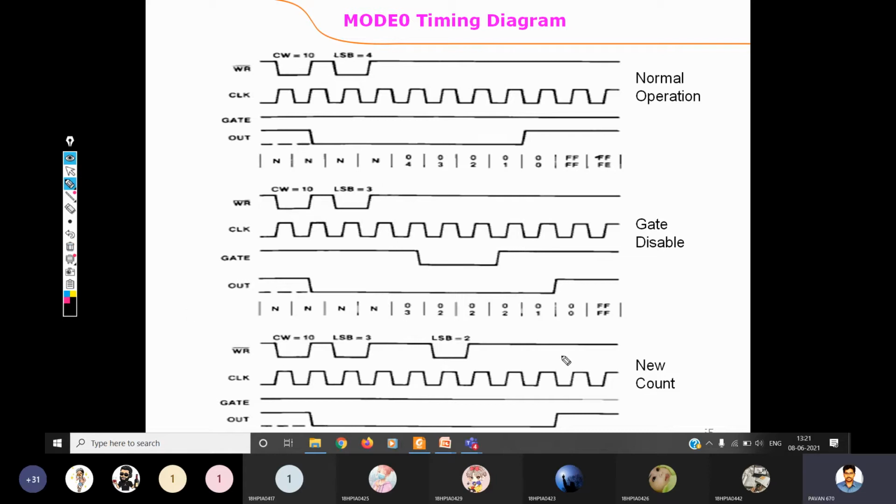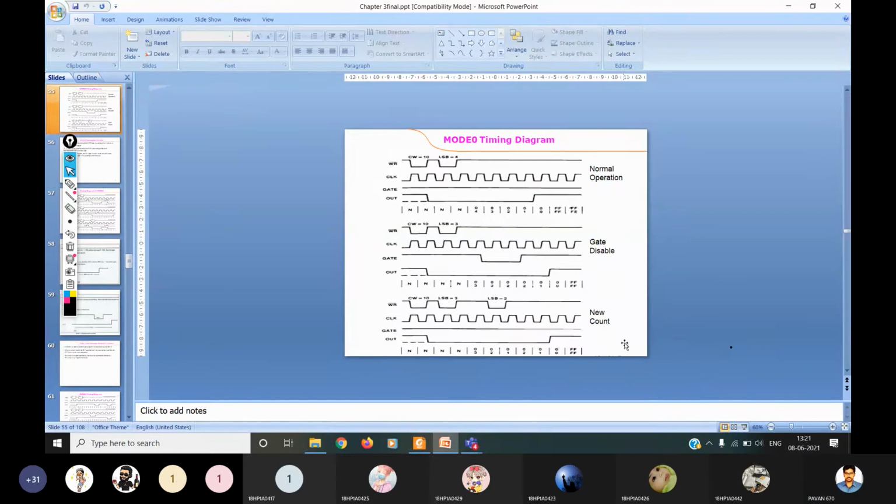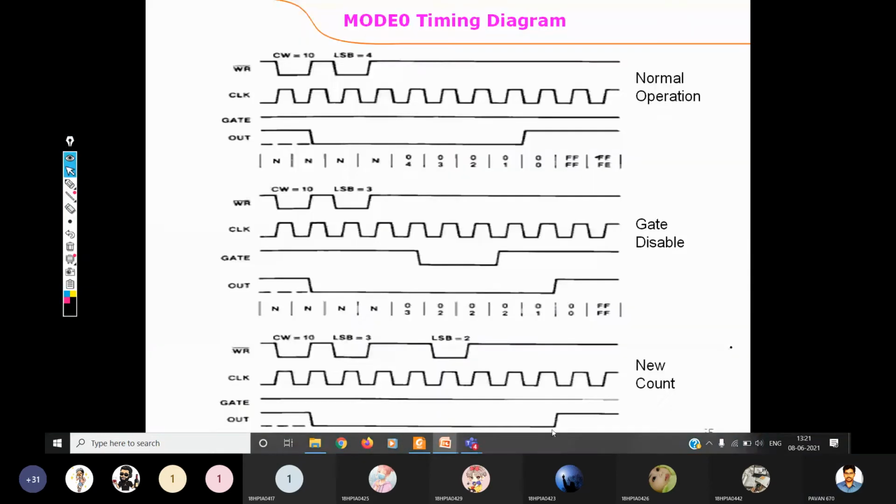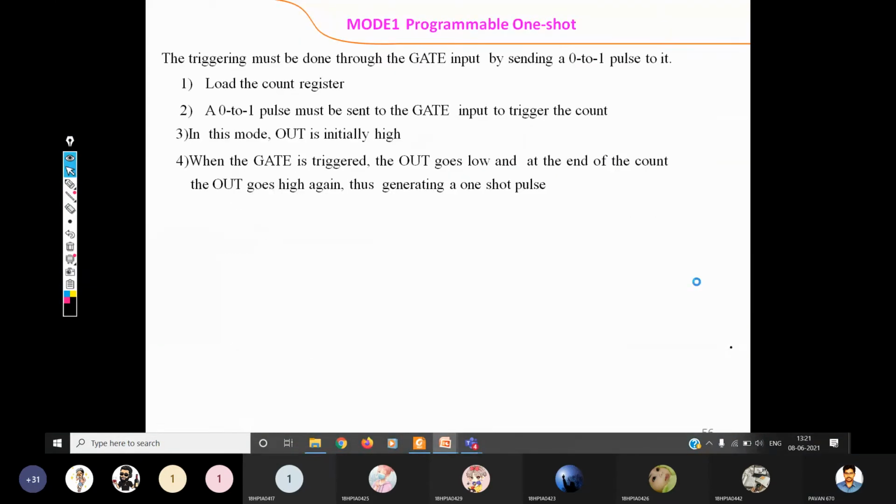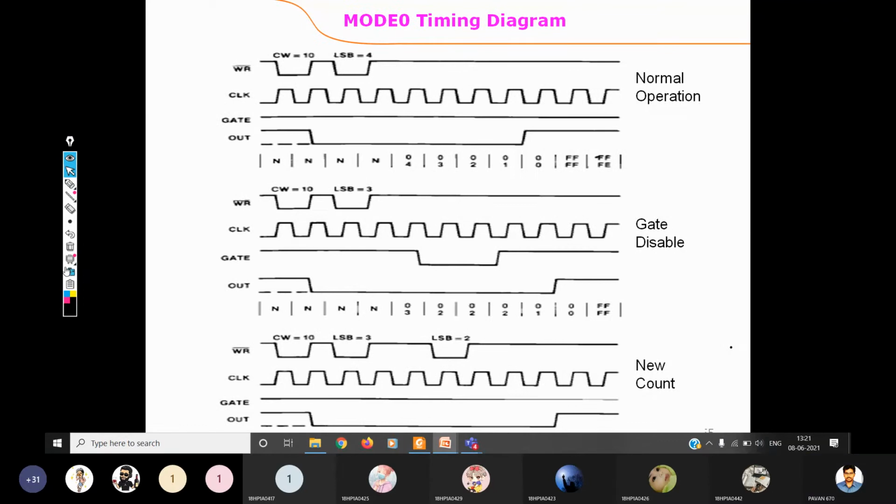Next one. Suppose if any new count... The values are getting overlapped here with the menu.